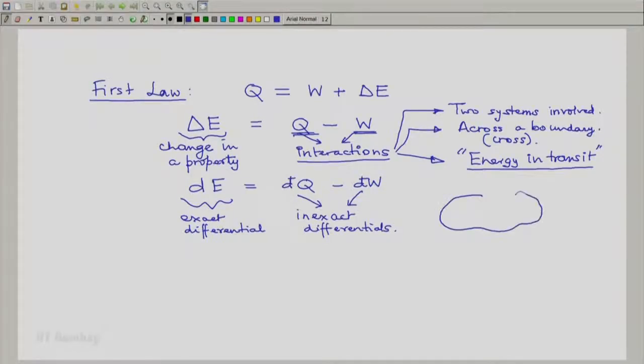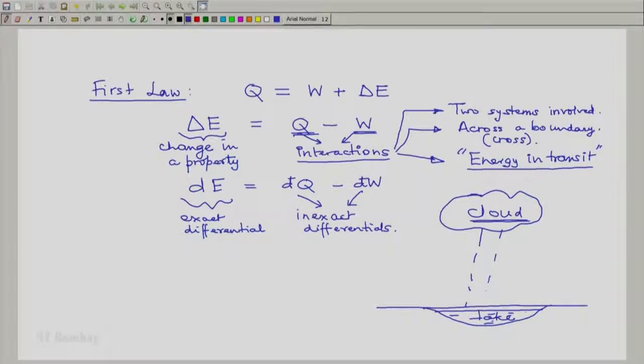There is an illustration of this which I came across in some book. Consider a cloud that contains water vapor, water particles. On the ground, we have a lake which may contain some water. When it rains, water gets transferred from the cloud to that on the ground in the lake.